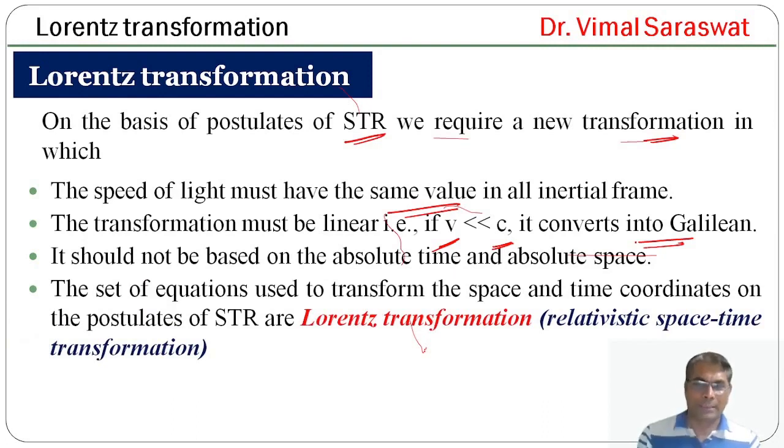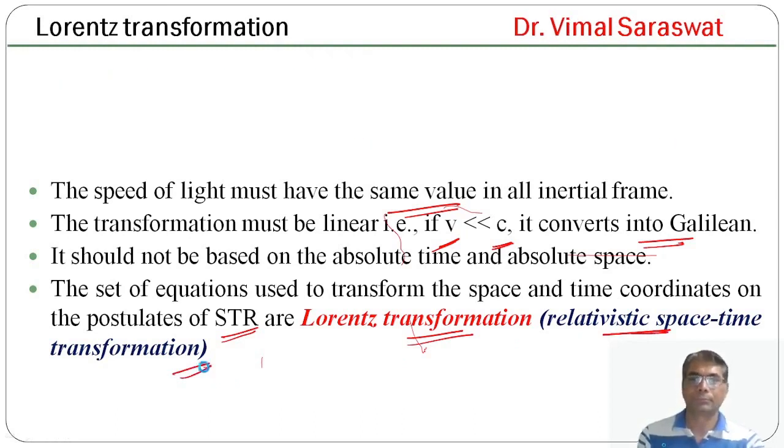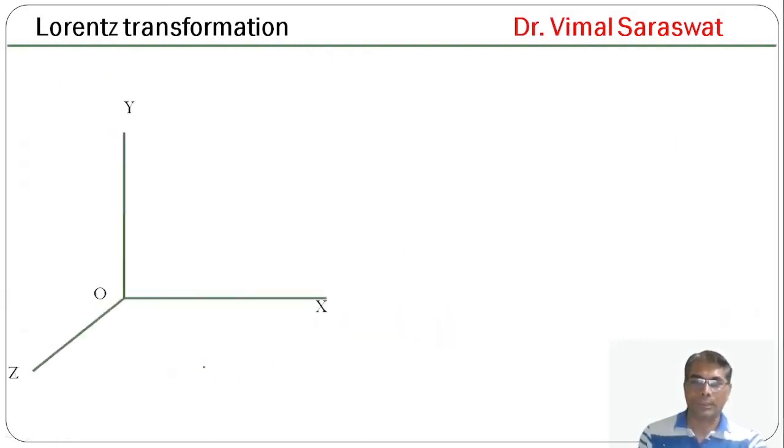The set of equations used to transform the space and time coordinates on the postulates of special theory of relativity are known as the Lorentz transformation or relativistic space-time transformation. Now, here we have a frame of reference and this is another frame of reference. So we have two frames of reference: one is S and another is S dash.